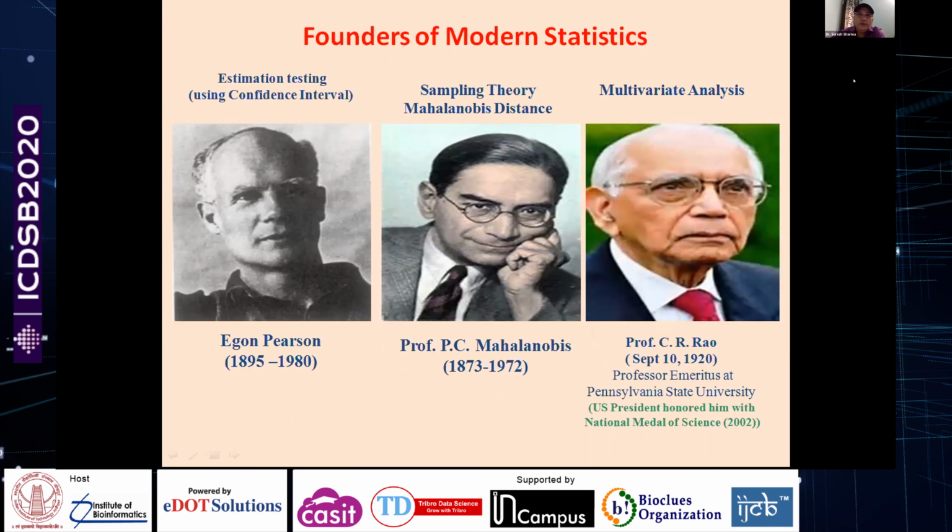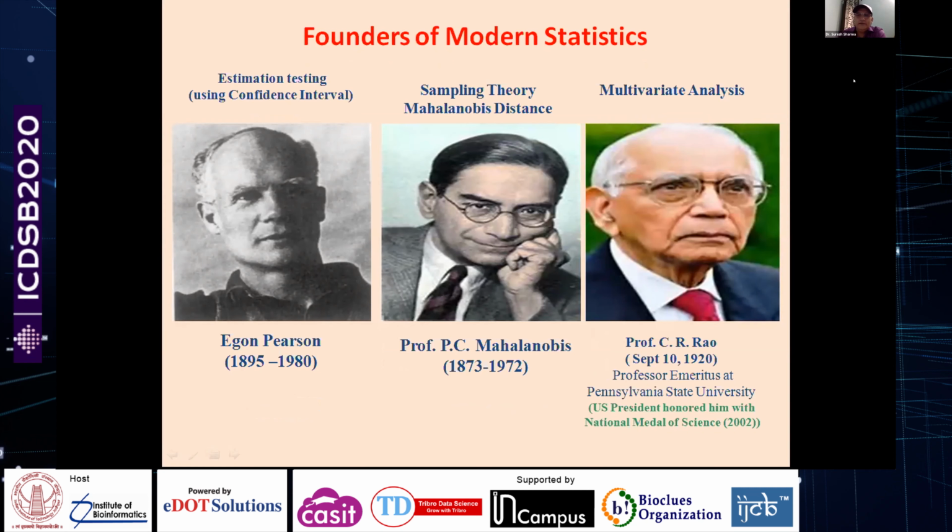And there are two great Indian statisticians. One of them is Mahalanobis. Mahalanobis established the Indian Statistical Institute in Calcutta in 1934, and one of the great persons on this earth right now is completing 100 years on the 10th of September. He was born in 1920, and everybody knows his name. Very well-known statistician in India and America.